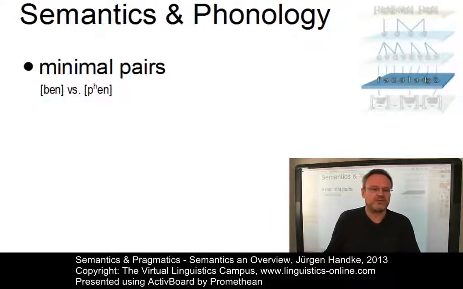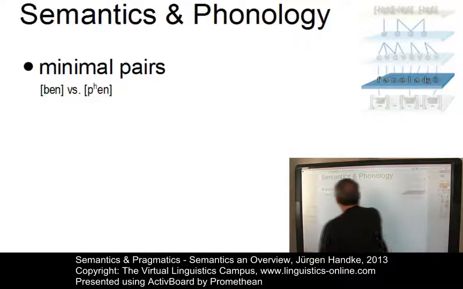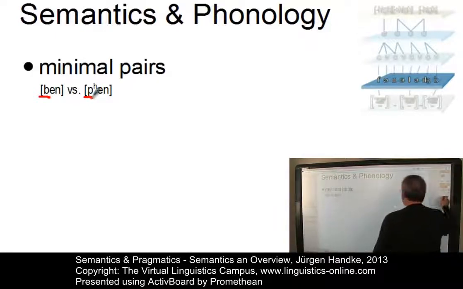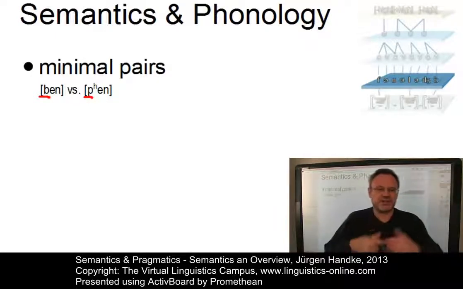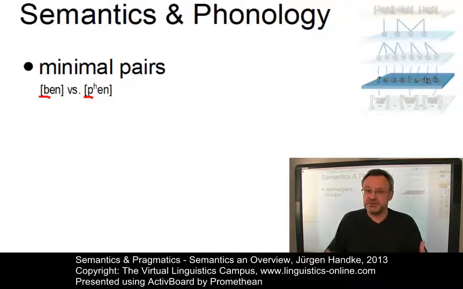We can show that the exchange of one phone by another one, so b and p over here, leads to a difference in meaning. Thus, the two items must be two different phonemes.